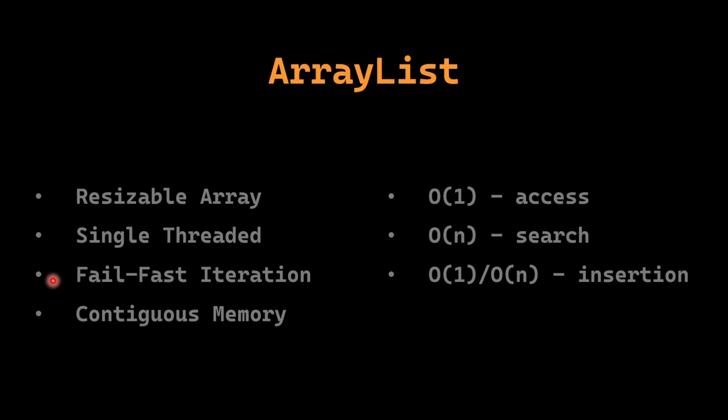ArrayList maintains a modCount field which is incremented on each structural modification. So iterators store this value when created and compare it during operations. A mismatch throws the exception, preventing undefined behavior. If the list is structurally modified during iteration, this makes it unsuitable for concurrent modification without external synchronization.